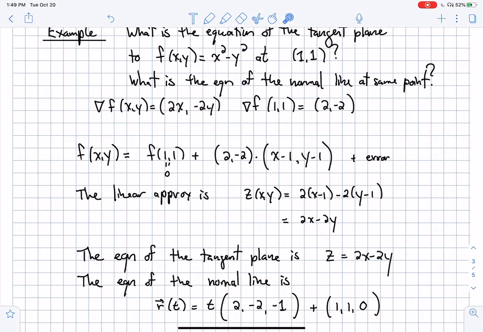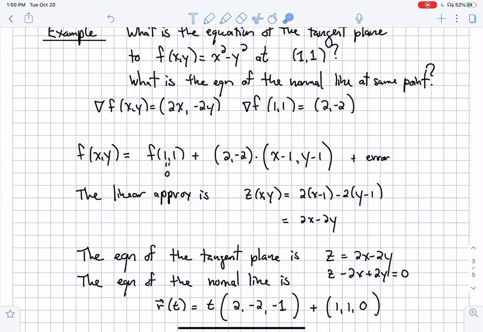I could put everything on the same side and write it, if you want, as z minus 2x plus 2y is equal to 0. All right. And if I want the normal line, well, I just put 2, minus 2, that's the gradient, and then I put minus 1, as I did before.